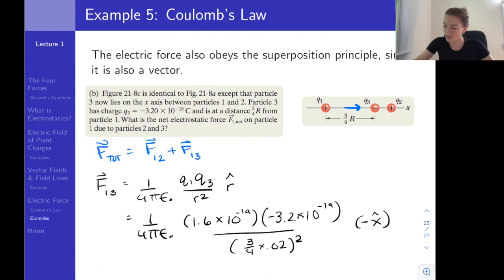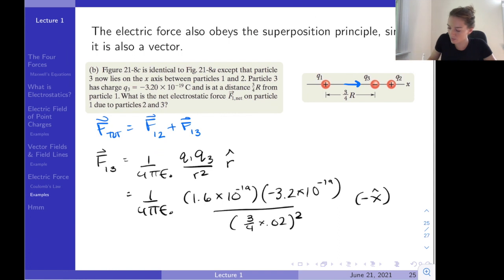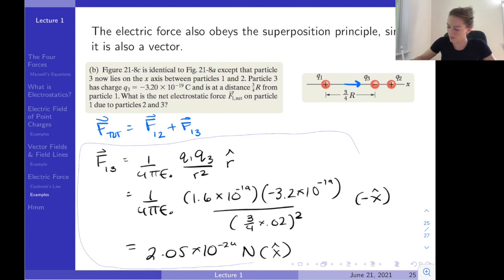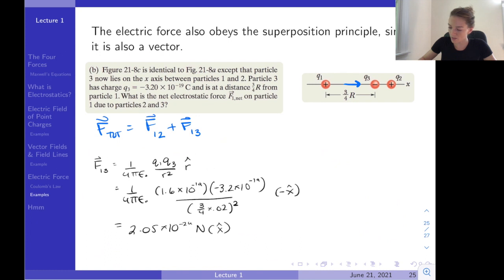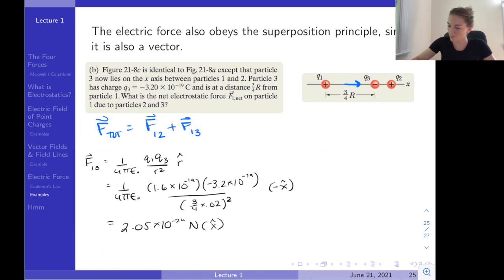So, all right, let's multiply that all out. So this comes out to 2.05 times 10 to the negative 24 newtons in the x hat direction. And then we can just add up our two forces and get the total force.